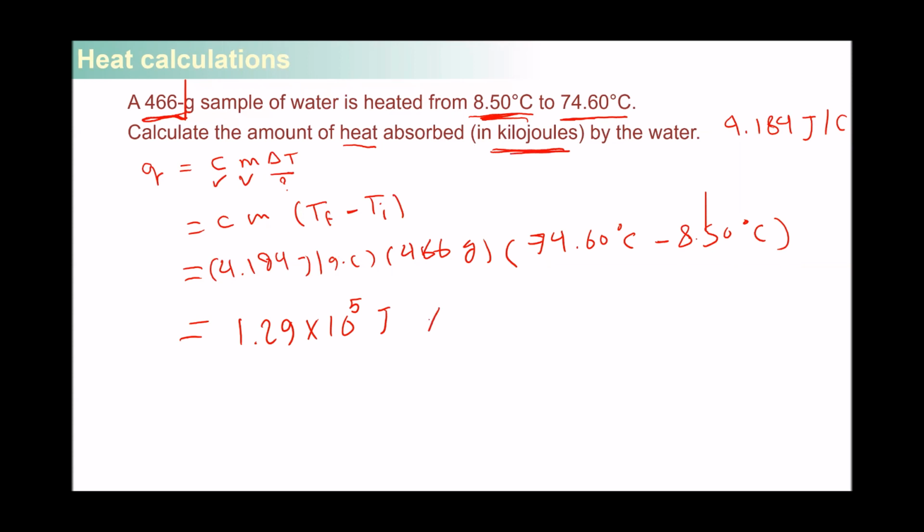So you need to multiply by the conversion factor between joules and kilojoules. 1 kilojoule is 1,000 joules, so you just divide by 1,000, and it gives you 1.29 times 10 to the power 2 kilojoules. That's the first type of heat calculation that you will find in the homework.